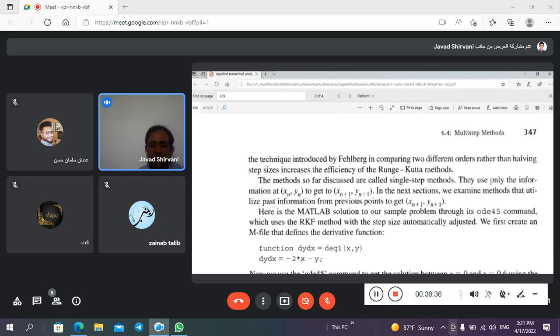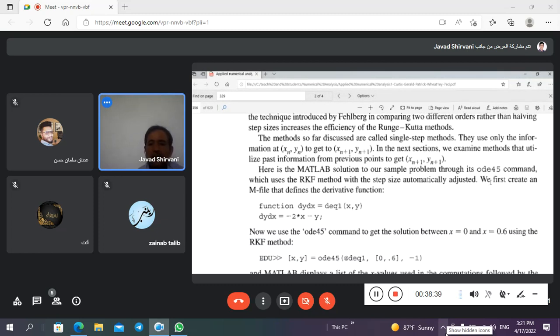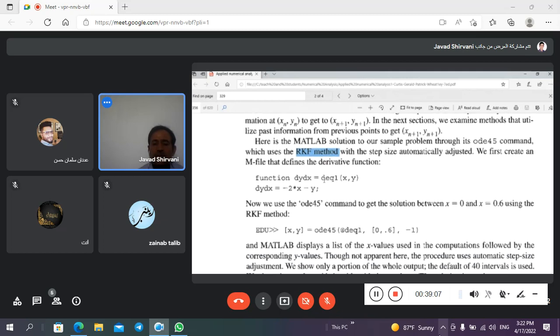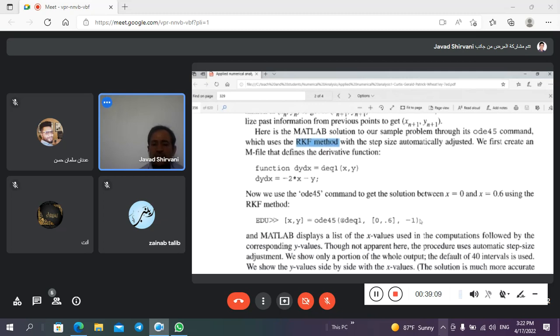For example, here is the MATLAB solution to our sample problem using its ode45 command, solving the differential equation, which uses RKF, I think the Runge-Kutta-Fehlberg approach.